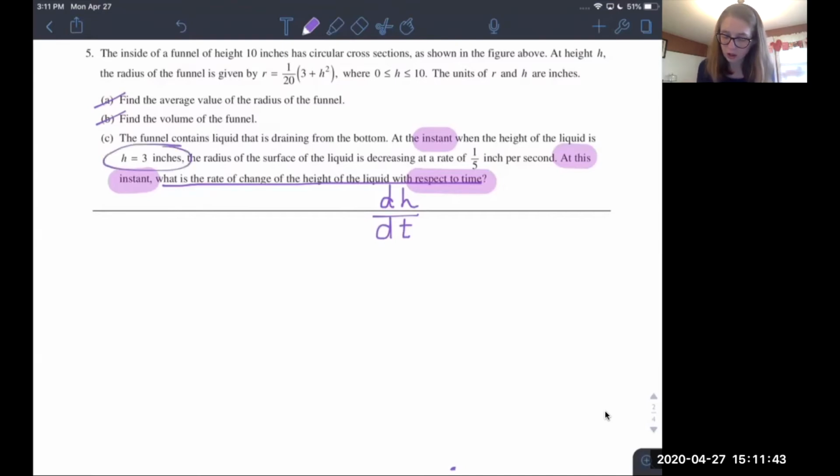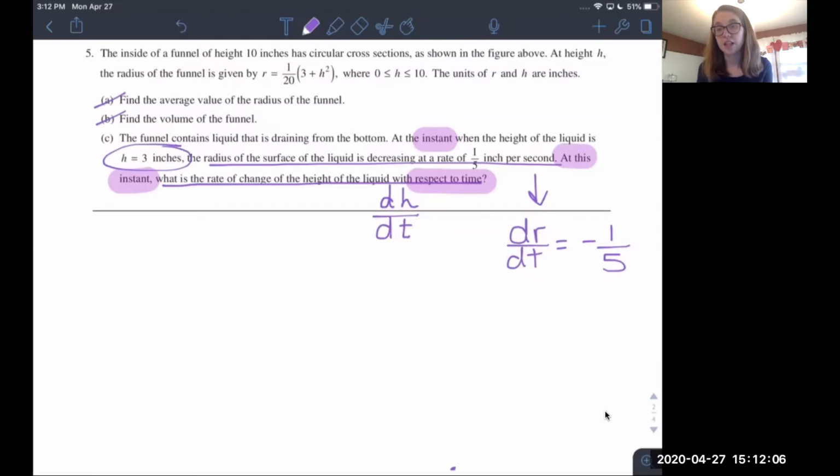They also tell you that the radius is decreasing at a rate of 1/5 inch per second, so that's telling you that dr dt equals, and this is an important thing, negative 1/5 because of the decreasing. So they give you dr dt, and they want you to find dh dt.